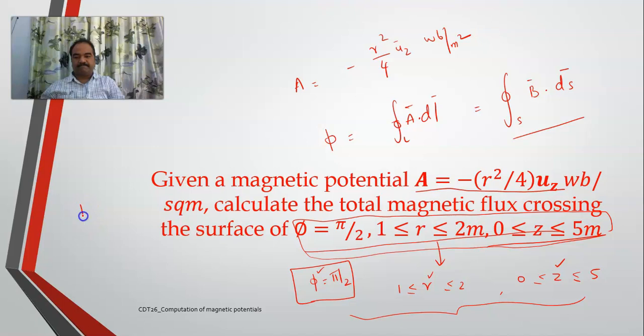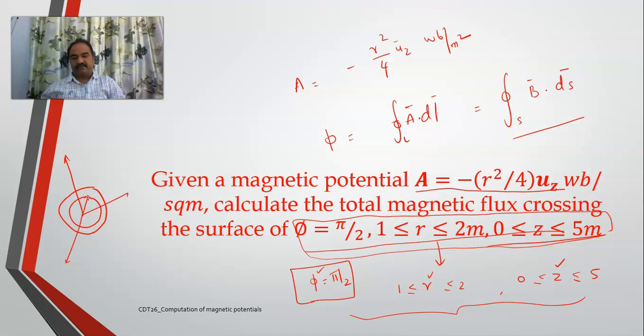Which means that this is r equal to 1, I'll take, this is r equal to 2, I'll take. So at phi equal to 90 degrees, it will be somewhere around in this direction.